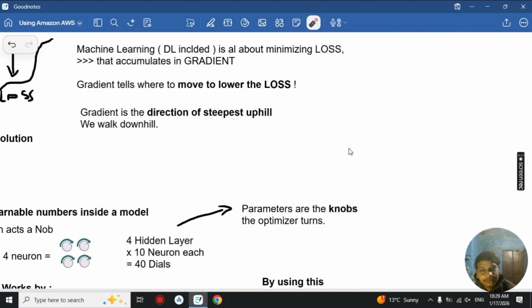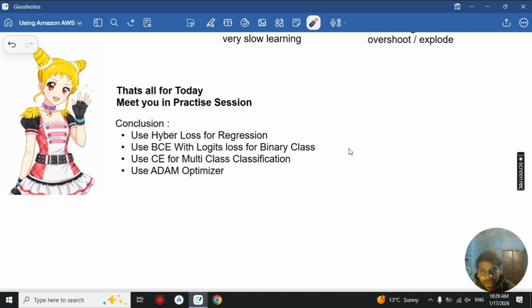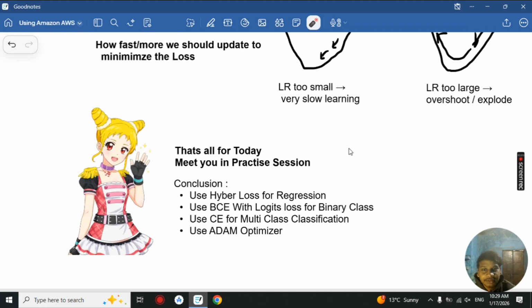So this was all about our loss functions and our optimizer functions, okay. The final conclusion is that for regression we always use the Huber loss. For binary classification we use BCE with logits loss.